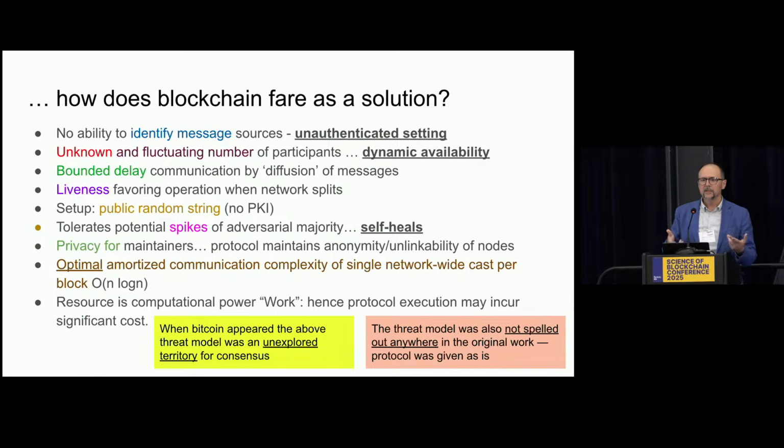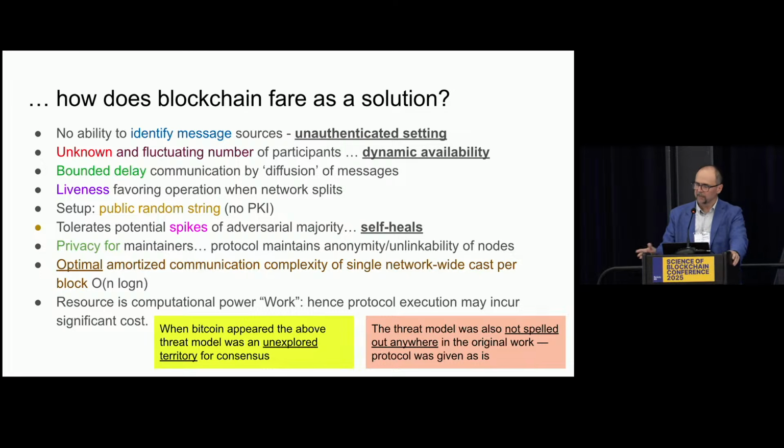Now, the interesting part is that there are a number of characteristics and features in the solution of the SMR problem given by Bitcoin that are quite unique. For example, the protocol operates in an entirely unauthenticated setting with dynamic availability, which basically means that the number of parties is fluctuating; parties come and go without announcement.